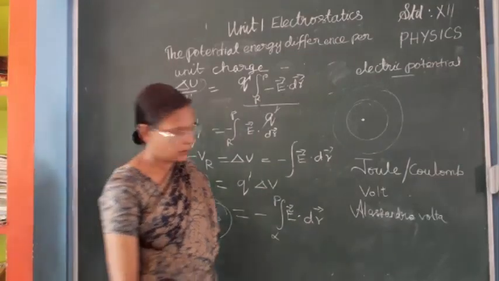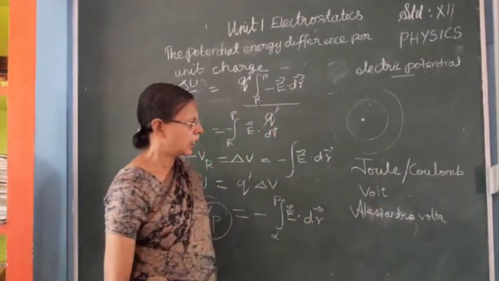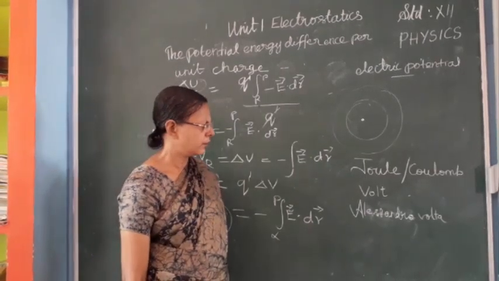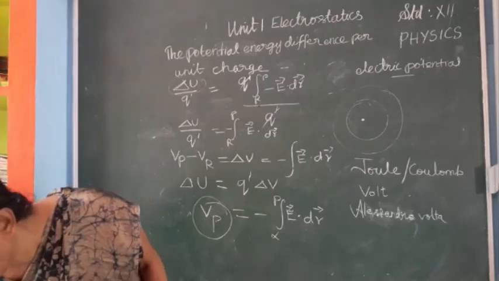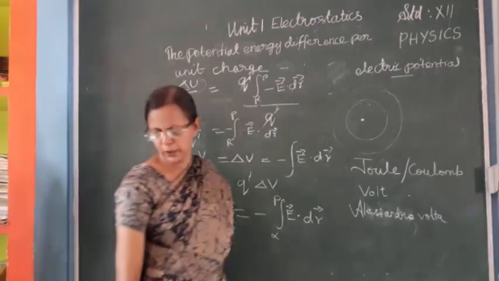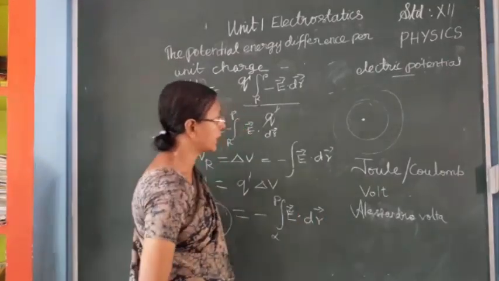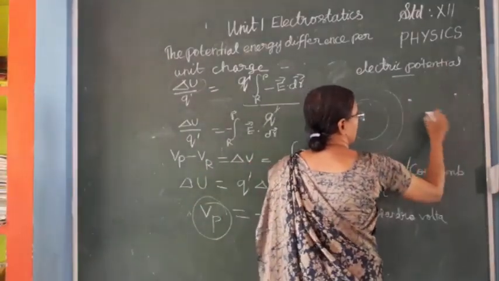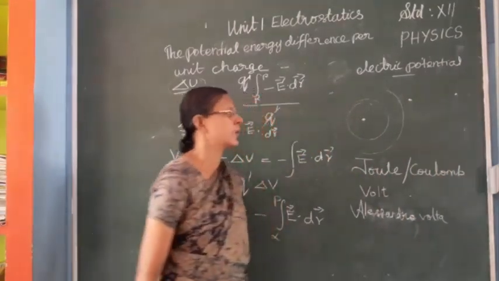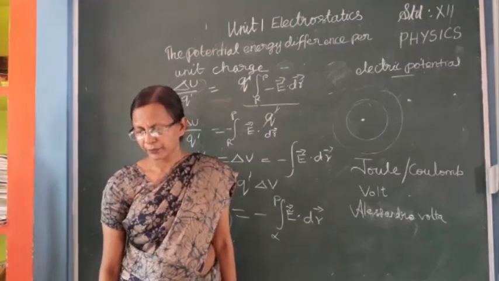According to his name, they named this practical unit. In the next point, the potential difference between two points is expressed in terms of voltage. The potential difference is otherwise called voltage.